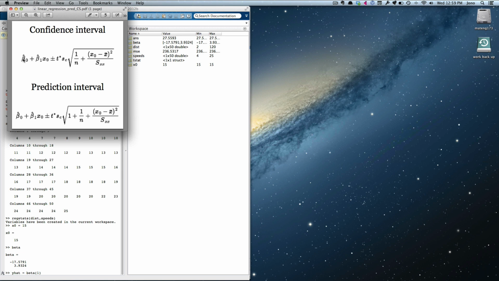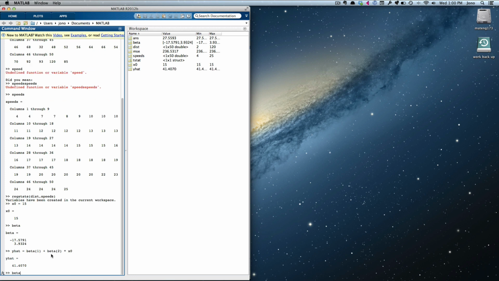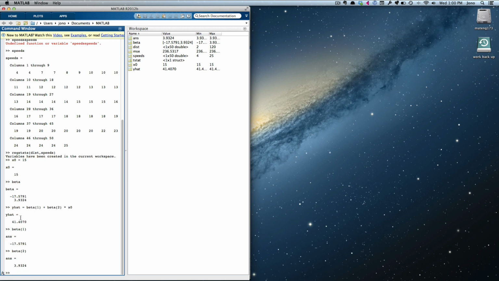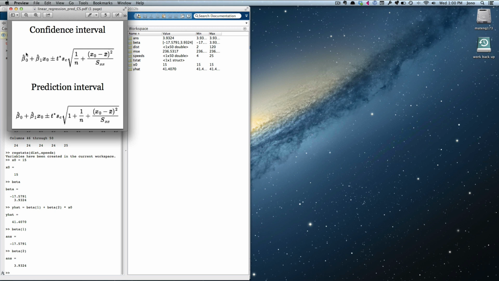So beta 0 hat is this, minus 17, plus beta 2 times x0. So beta 1 gives me that first number, which is my intercept, and my beta 2 is my slope. So I basically said, I'll take my intercept plus my slope times what my x0 was, which is 15. So I get the point prediction is 41.4070. So that is this bit here.